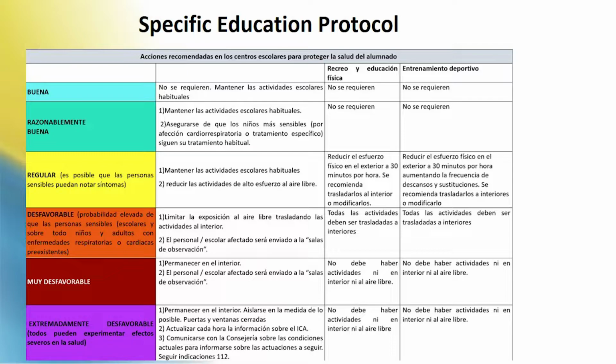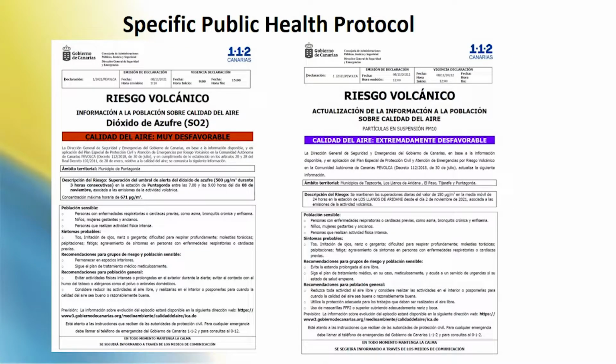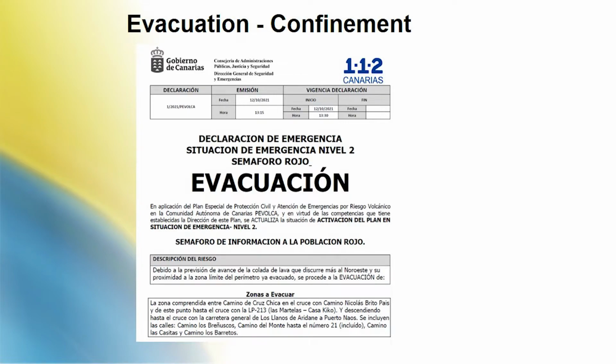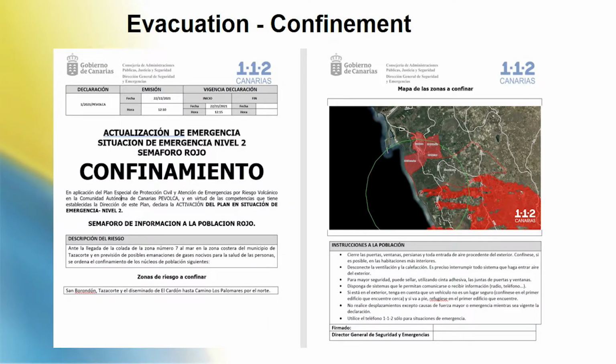There are some examples in the education area, or the specific public health protocols also for people, evacuation, confinements with the maps of the lava flows and the zones that was the restricted areas, or the indications that was directly communicated to the population.